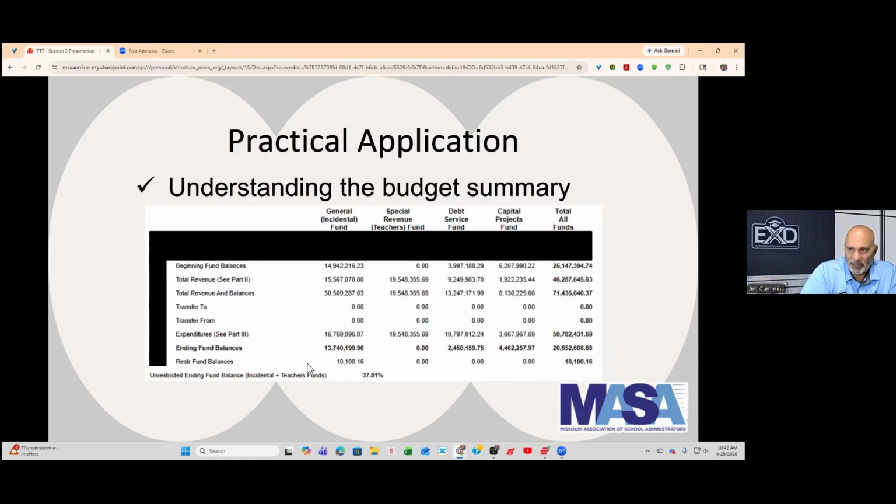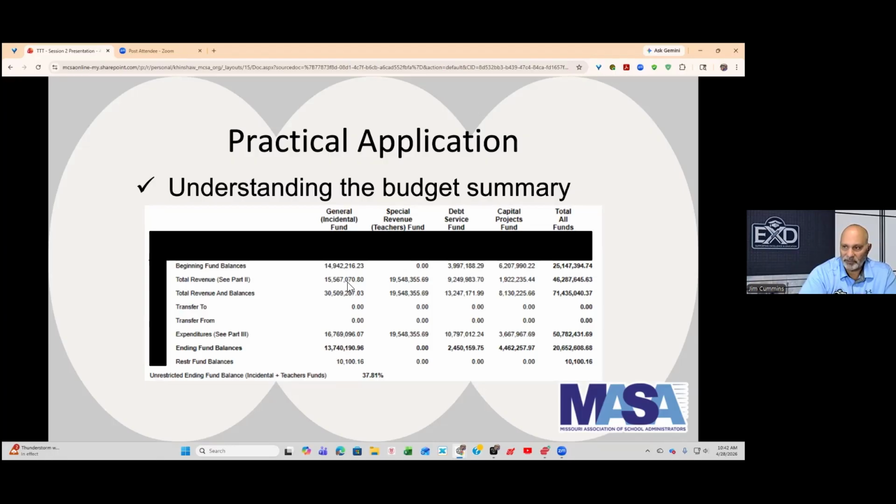So what's the practical application of all of this? This is the ASBR summary that comes at the end of the year when you finish your ASBR. It is also the budget summary that you need to have in your budget report. So when you complete your budget report, you're going to project this for the end of the FY27.